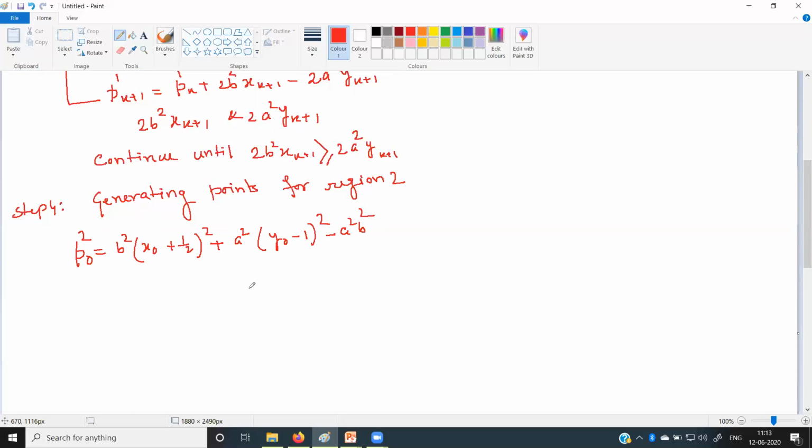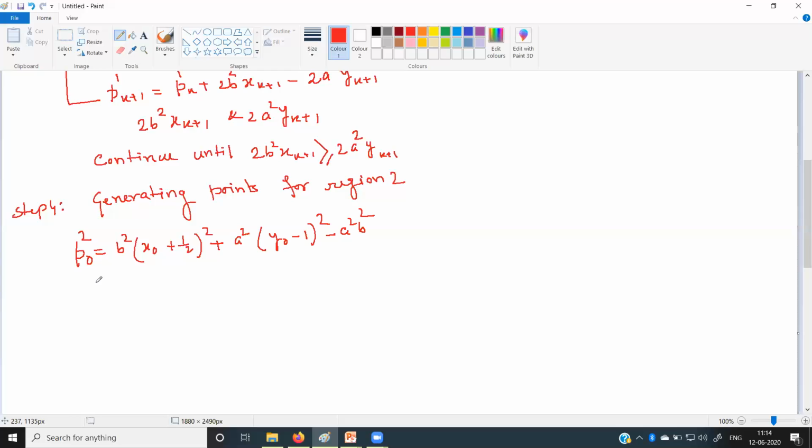Now what is the value of x0? This x0 and y0 will be calculated based on the last point of region 1.